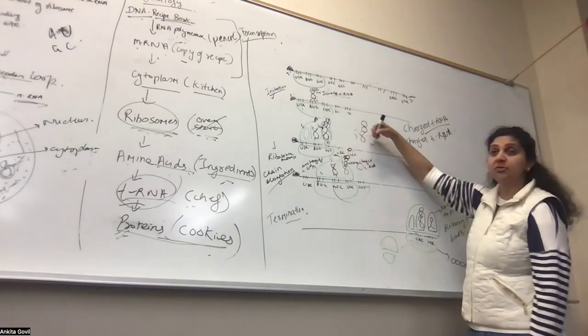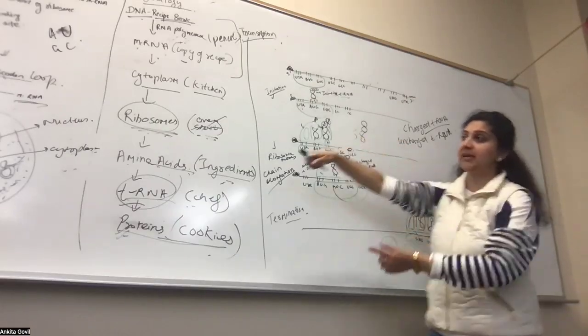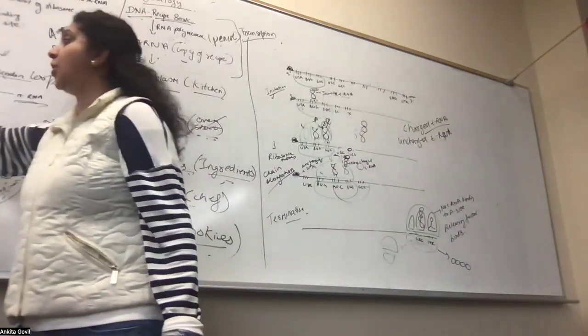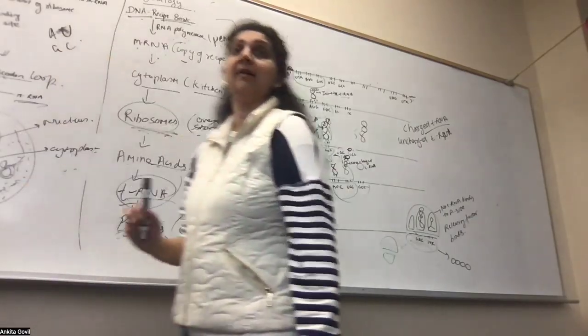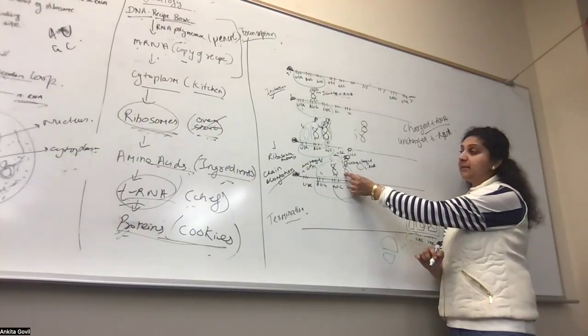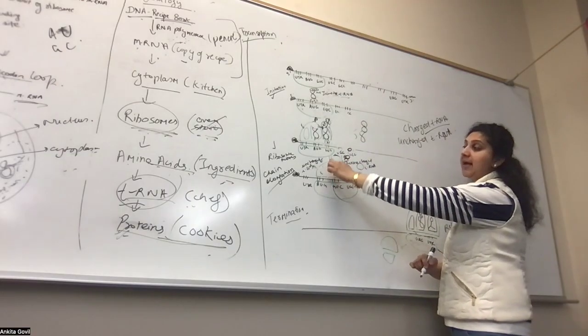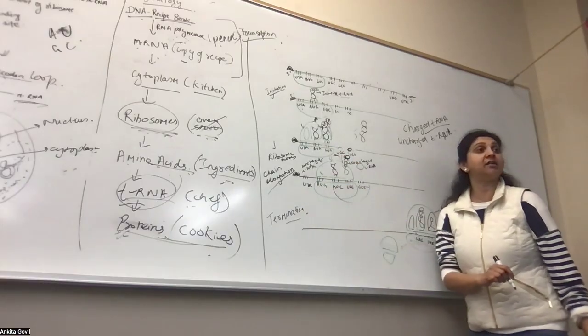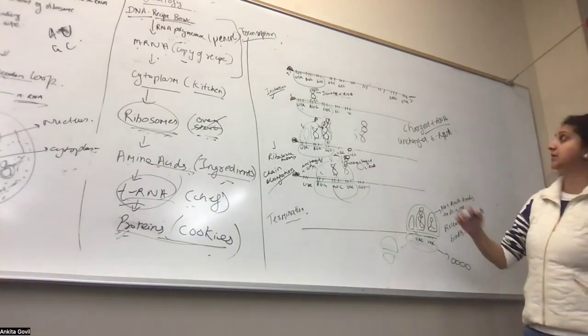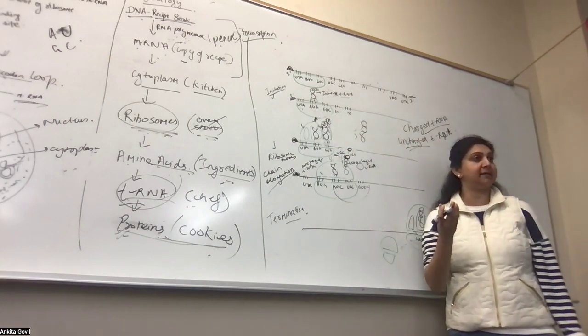Again, the same process will repeat. This is the A site. So now you see the A site was for the entry of charged tRNA. This is the point of entry for the new tRNA. This is the point where the polypeptide is growing, P. E is the site where the exit of the uncharged tRNA is taking place, or the tRNA which has no amino acid on top of it.